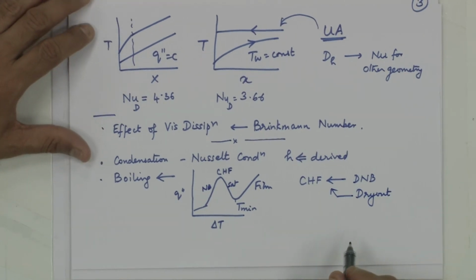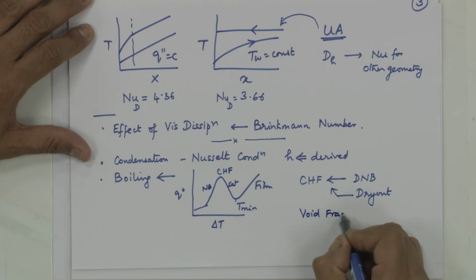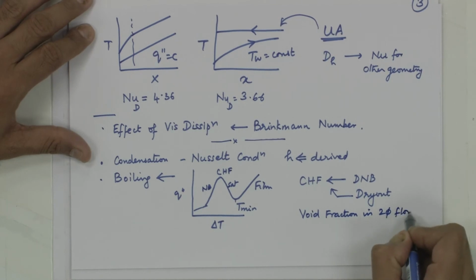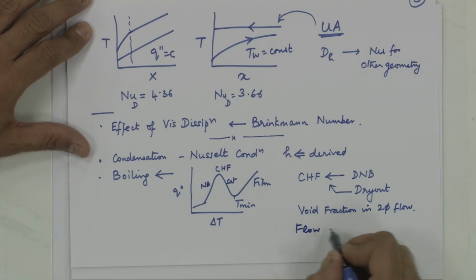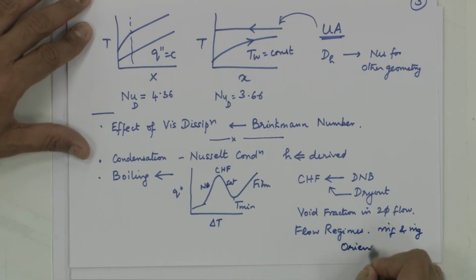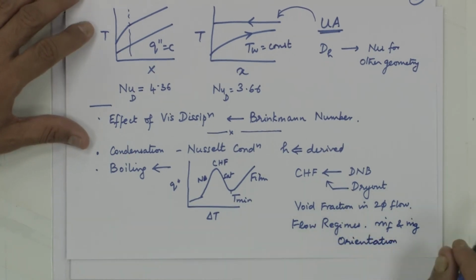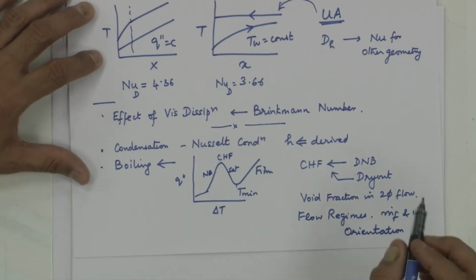Also said how a very important concept called void fraction needs to be there in two-phase flow, which is very different from single phase, and because of the flow patterns or flow regimes being different for the same m dot f and m dot g, depending on the orientation, we get different flow patterns, and therefore we have a different heat transfer and hydrodynamic characteristics in case of two-phase flow, which is what makes it very complex.